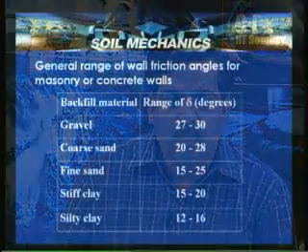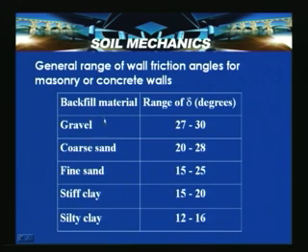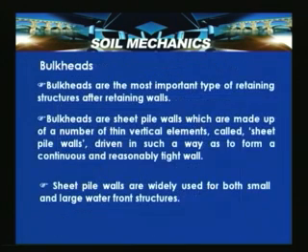Typical fill materials like gravel can have a range of delta, that is, interface friction angle, of about 27 to 30 degrees. In case of coarse sand, it is around 20 to 28, fine sand 15 to 25, stiff clay 15 to 20, and silty clay about 12 to 16 degrees interface friction angle. So this table presents the general range of wall friction angles for masonry or concrete walls.